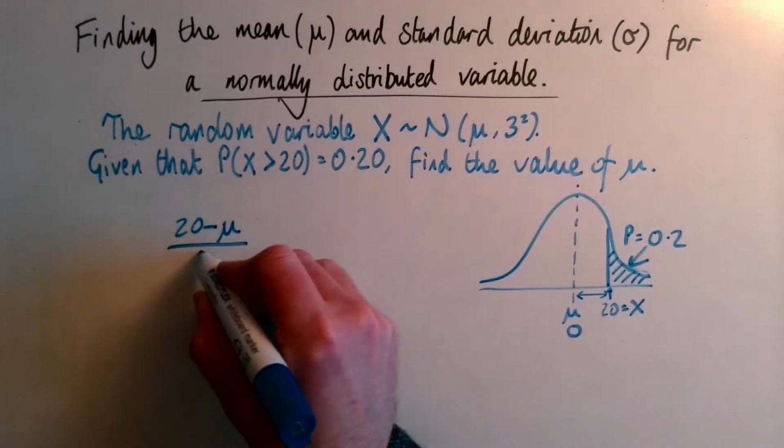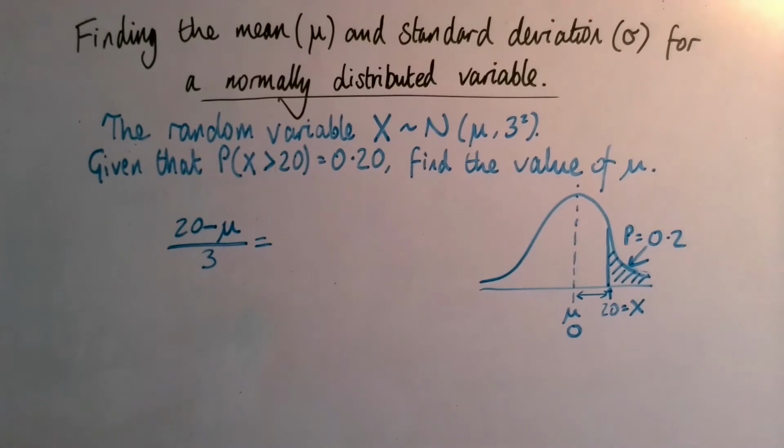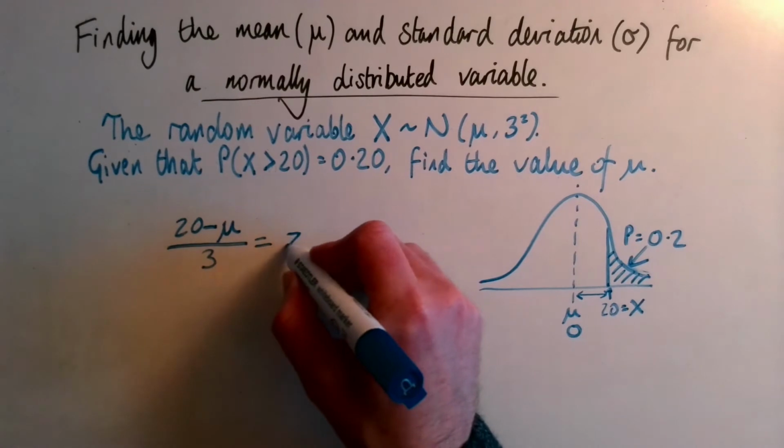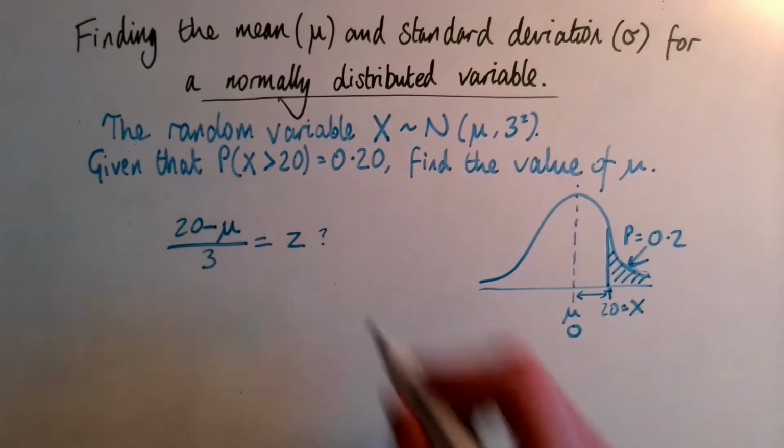Now the standard deviation is 3. And if we do all of that, we get z.